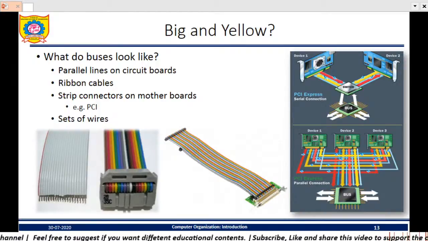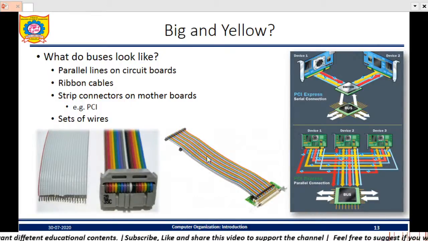Okay. Now this is how the bus looks. So if you count, this would be 16. Okay, so let's count: 1 2 3 4 5 6 7 8 9 10 11 12 13 14 15. So more than 16. Okay, so the number of lines carrying this is the number of bits that can be transferred on a system.